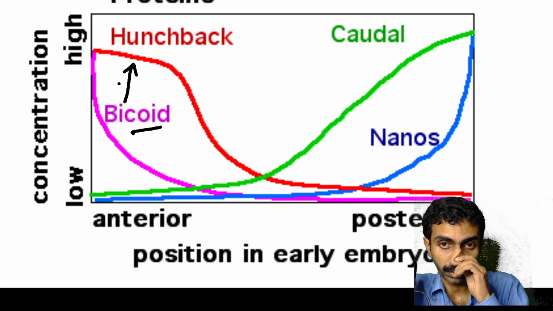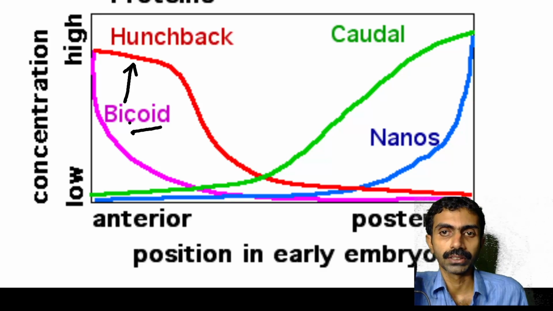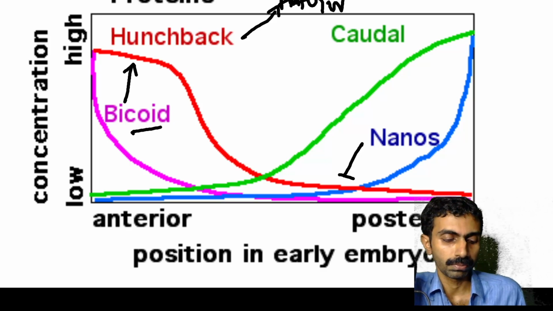It causes the translation of hunchback in the anterior region, and meanwhile nanos will inhibit hunchback. So the concentration of hunchback will be very low in the posterior region. The expression of hunchback makes it anterior. This is how the anterior side is formed.